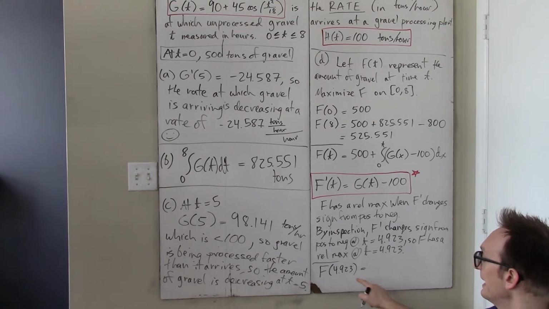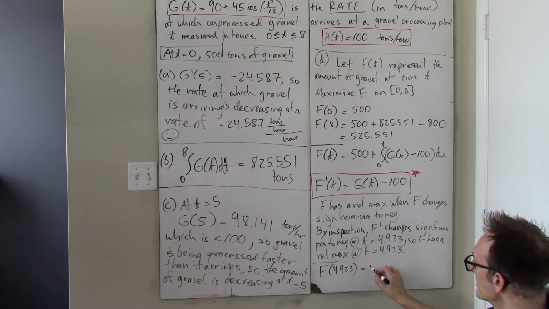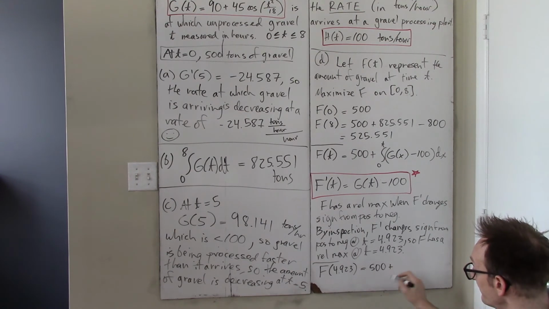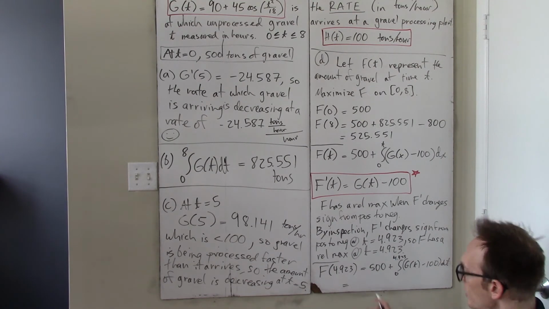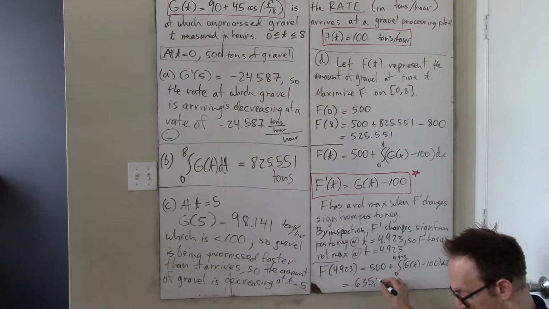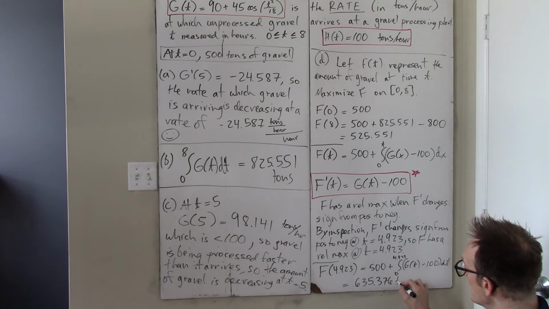This is going to be, well, it's the thing I just said. It's 500 plus the integral from 0 to 4.923 of g of t minus 100 dt. And that we just determined, also using technology, is 635.376 tons.